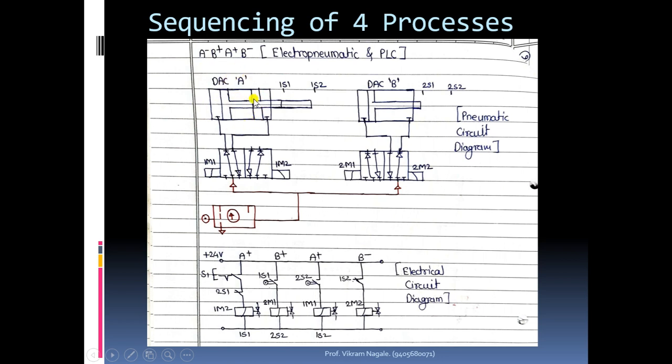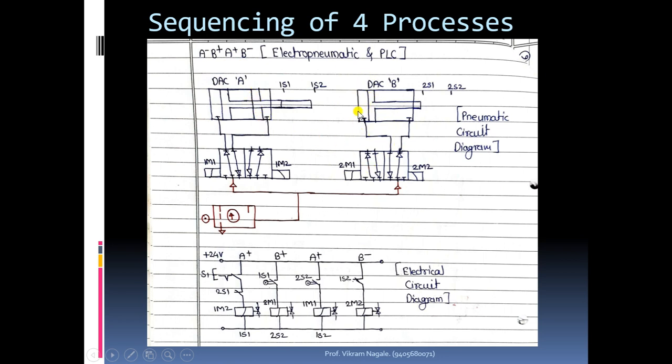Purposefully I have drawn it like this. So this right side will be the position for the piston, and the rod end will come at this 1S2. So you don't have to draw like this. You have to draw the piston at the extreme right position.